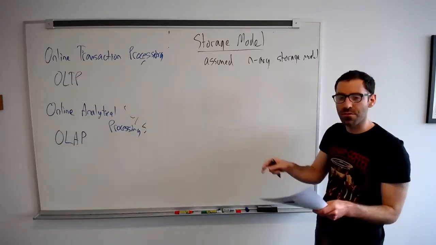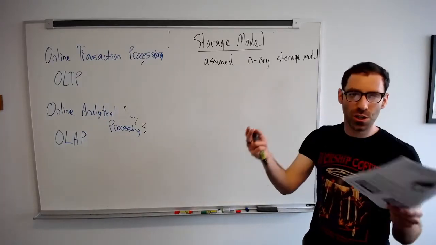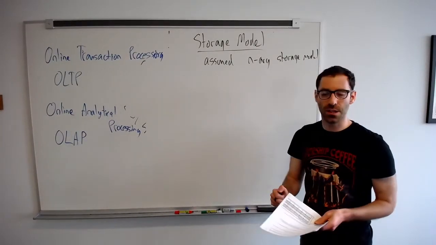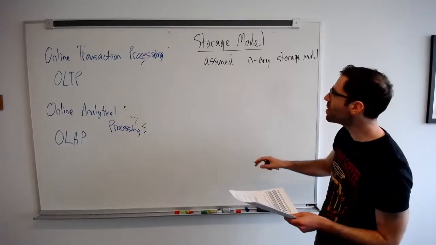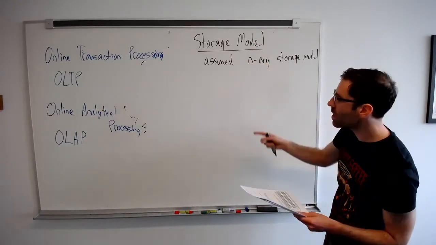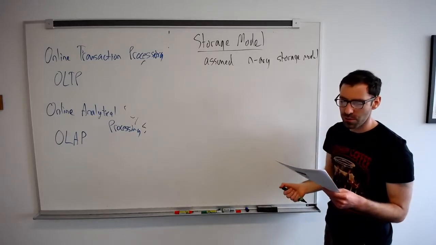It defines this separation of the logical layer, our tables and the tuples within them, from the physical layer, how we're actually storing them. So let's talk about this NSM storage model first.